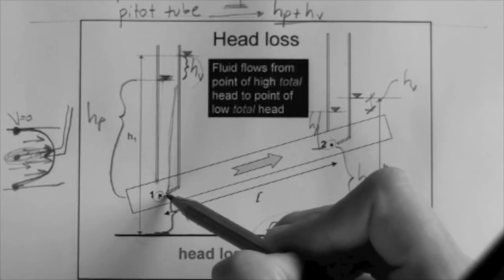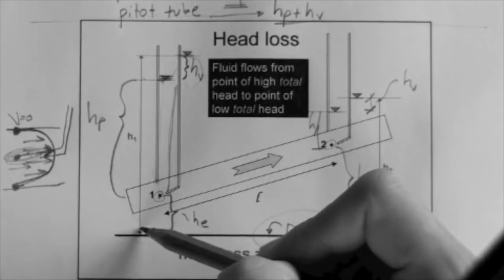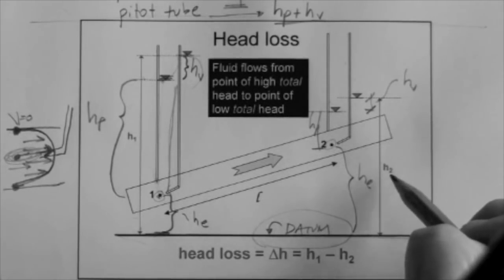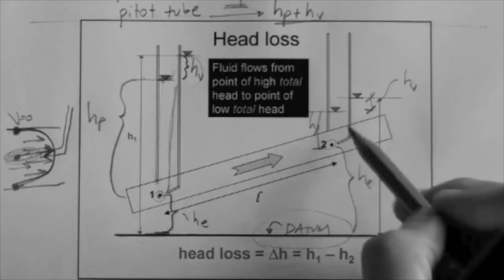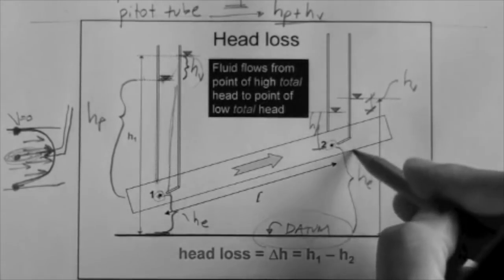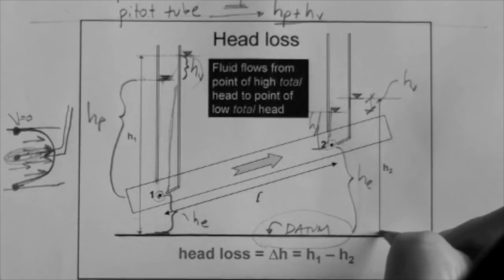So elevation head, pressure head, velocity head. And so H1 in red is the total head at point 1. H2 is the total head at point 2. So what do you have? Elevation head, pressure head, velocity head, H2.